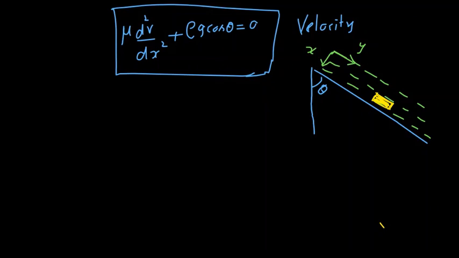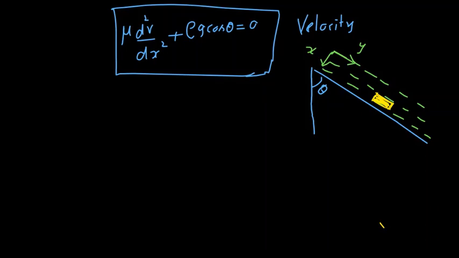Now what are the components of this governing differential equation? This mu here represents the coefficient of viscosity, and v, the dependent variable here, represents the velocity of the liquid at any point, and that is measured from the x-axis here.